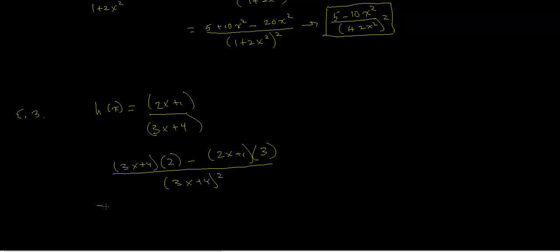If we simplify that, that gives us 6x plus 8 minus 6x minus 3 all over 3x plus 4 squared. Can we simplify further? Yes, 6x cancels 6x. 8 subtract 3, that gives us 5 all over 3x plus 4 squared.